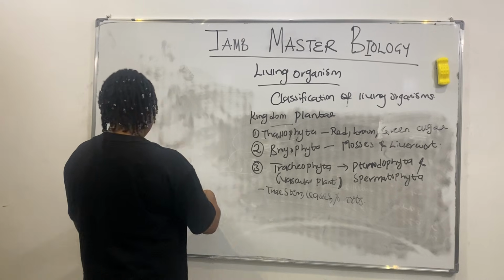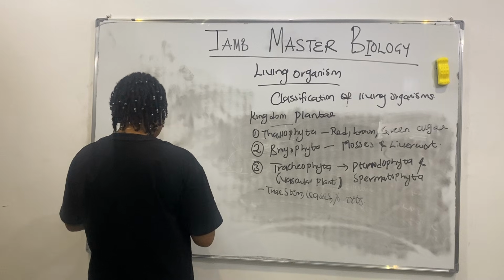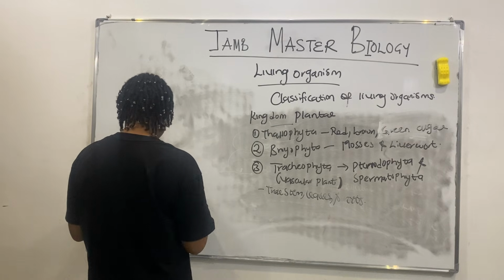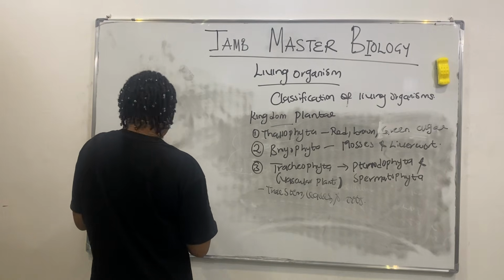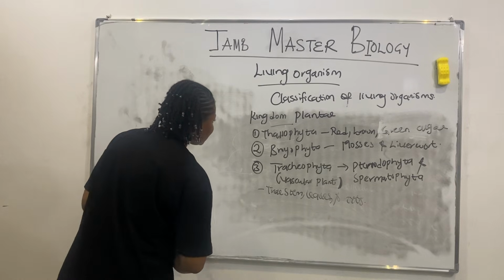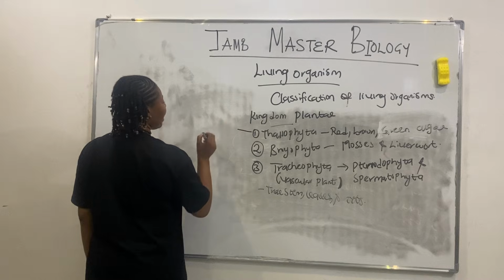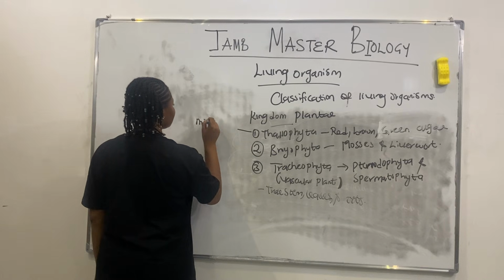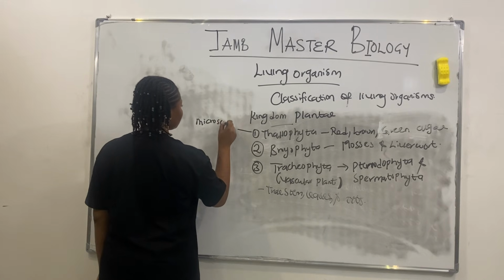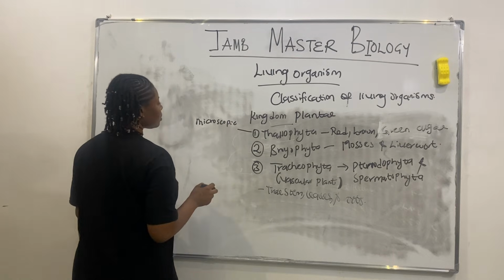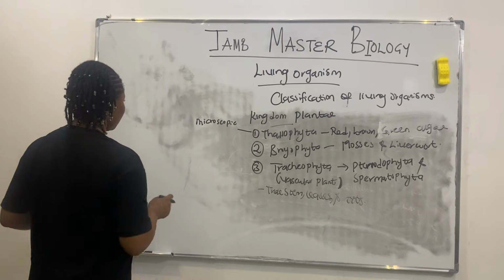Now, under the Thylophyta, they have some characteristics. I'll be giving just a few of them. Number one, they are microscopic plants. It means that you cannot see them with your naked eye.